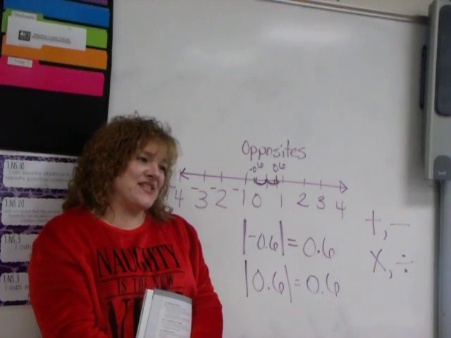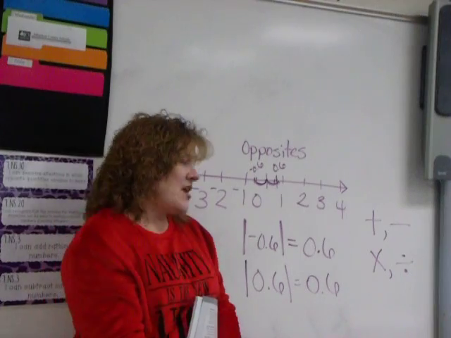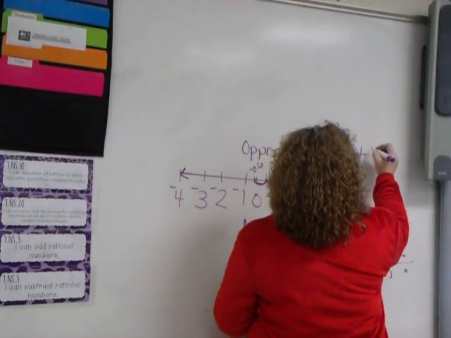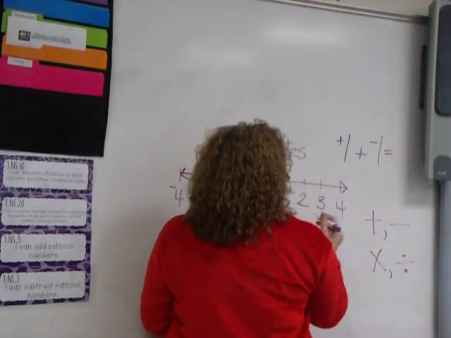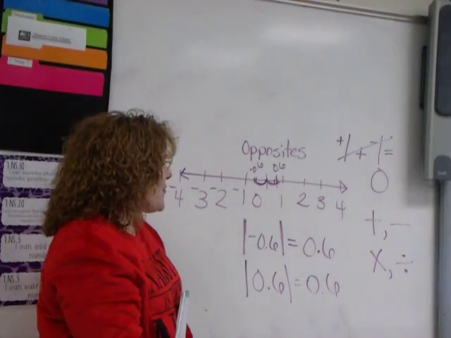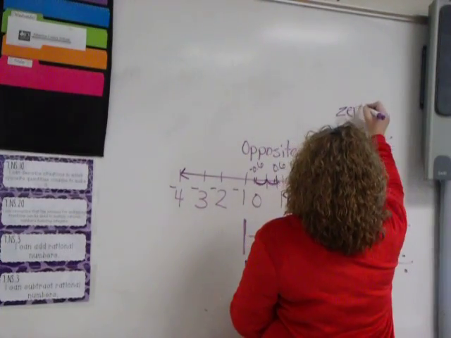When you add opposites together, they're called a zero pair. So if I had a positive 1 and I added a negative 1, where does that put me? To 0. So they cancel each other out. So you're going to refer to those as a zero pair.